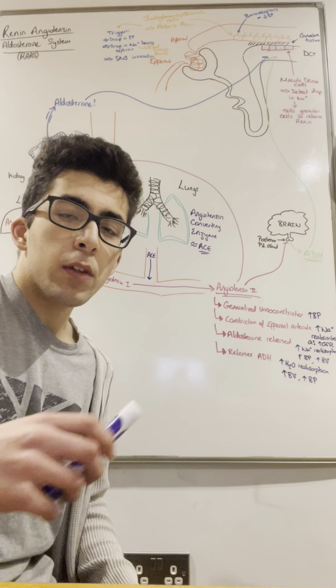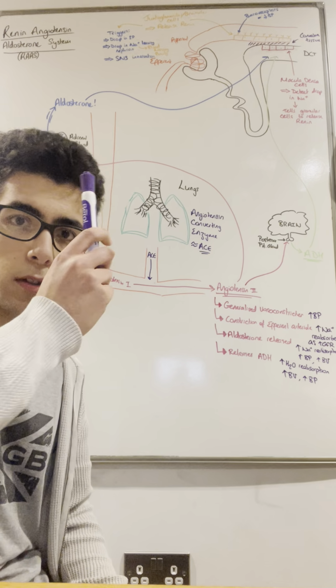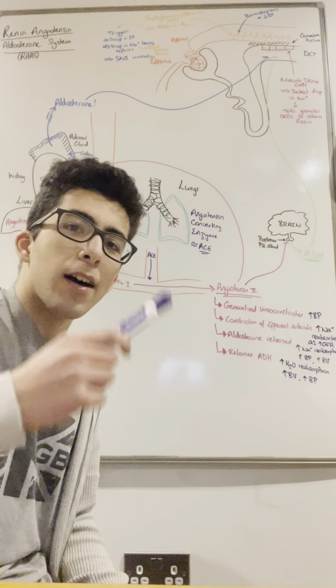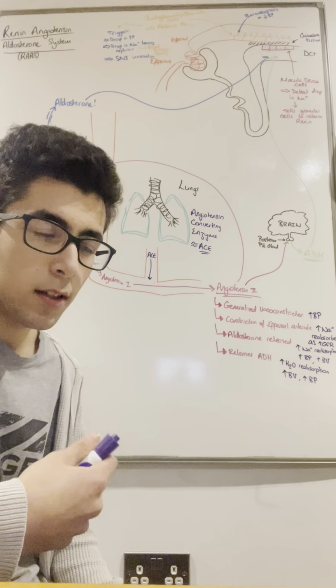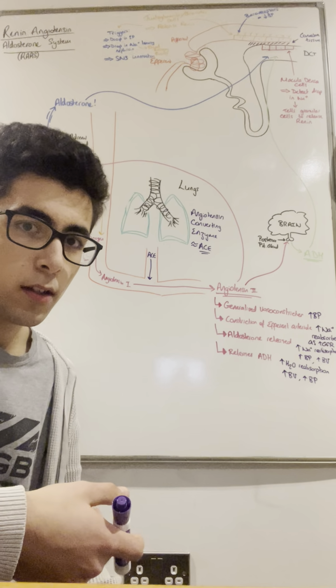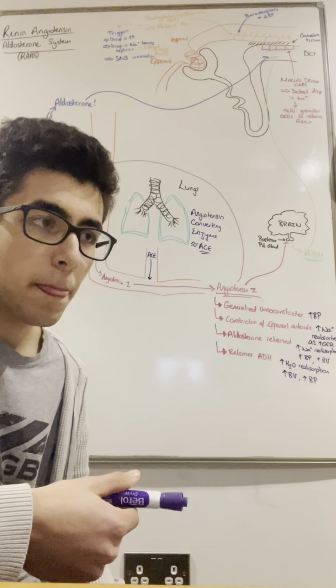We're going to look at the renin, angiotensin, aldosterone system, as it says. This is a process in the kidneys. It starts essentially when we've got a drop in blood volume, so blood pressure drops.